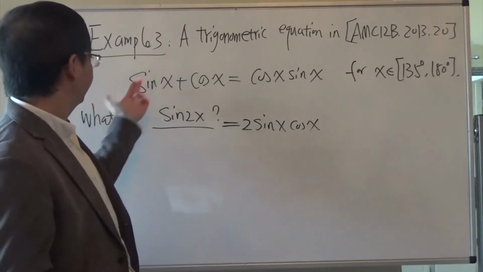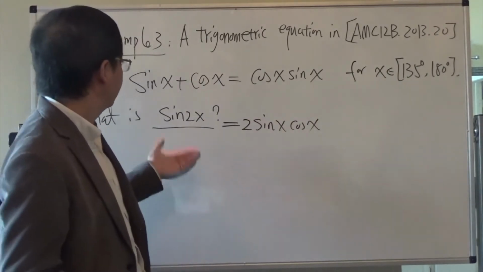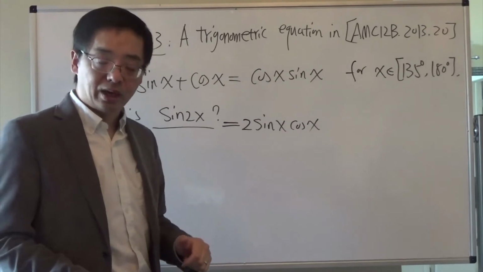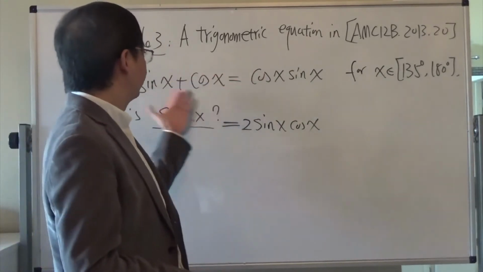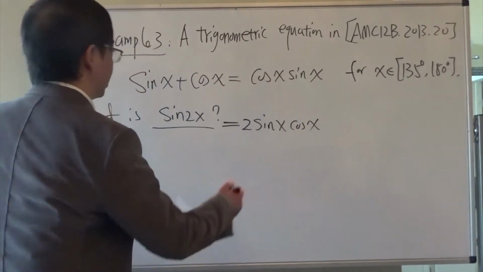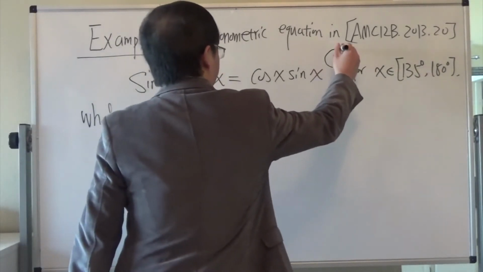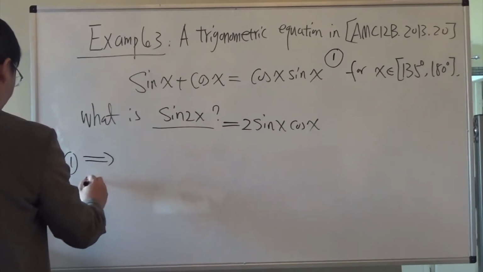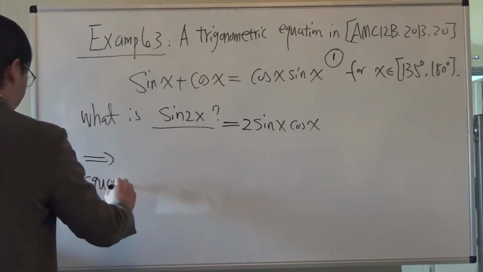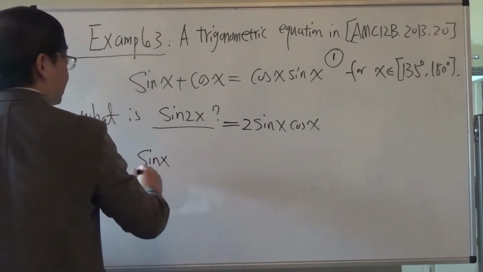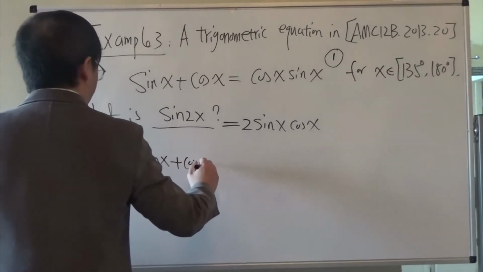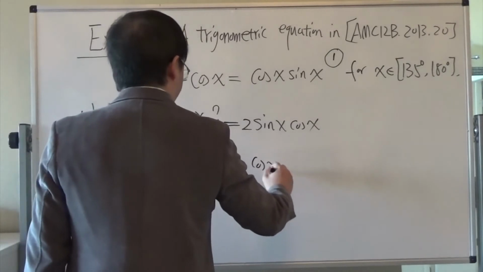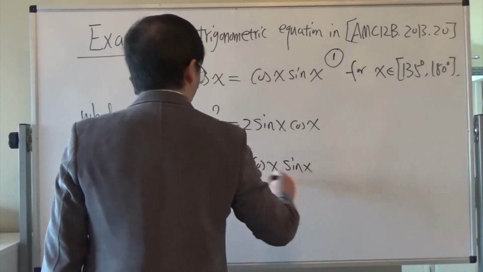You see, if I take the square on both sides, I'm going to get the mixed term, exactly sine x cosine x times 2, right? So let's do that. We just take the square on both sides of this equation. So let me call this equation 1. From 1, I take the square. We'll have (sine x plus cosine x) squared equals (cosine x sine x) squared.